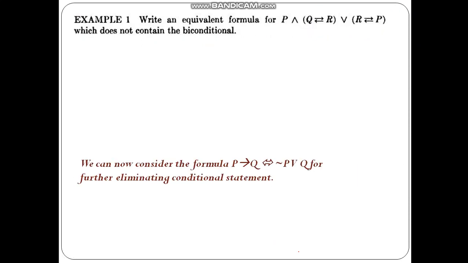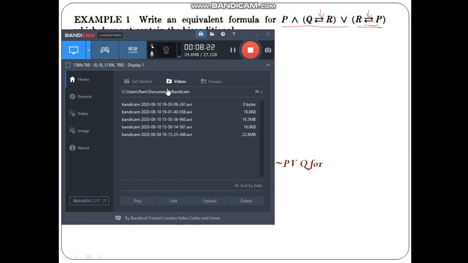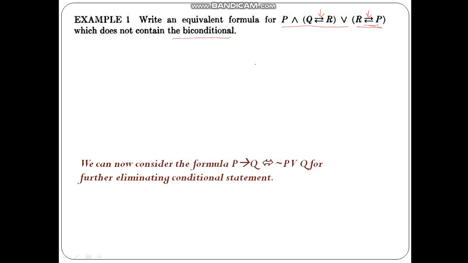Moving ahead, write an equivalent formula for, let us say, P and Q biconditional R, and R biconditional P, without using any biconditional. What we can see is that we want to eliminate all these biconditional statements.